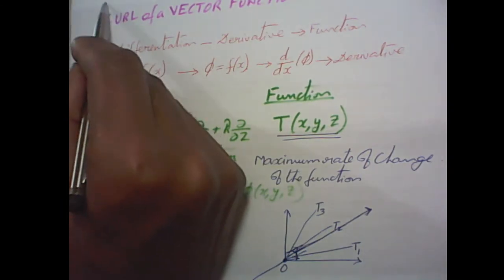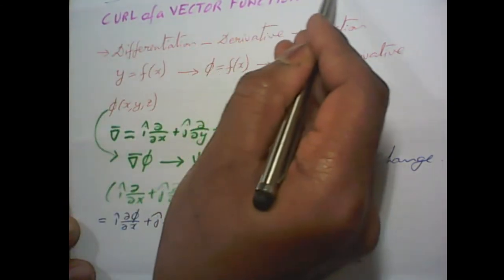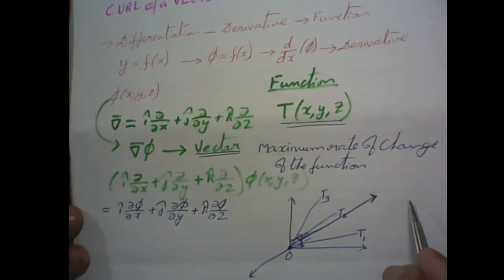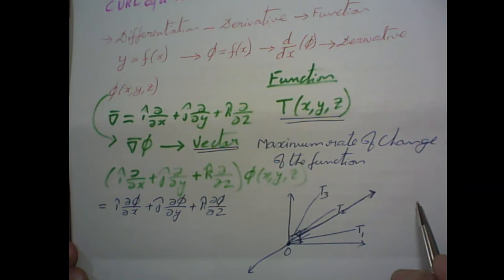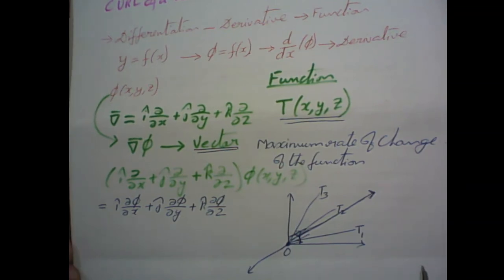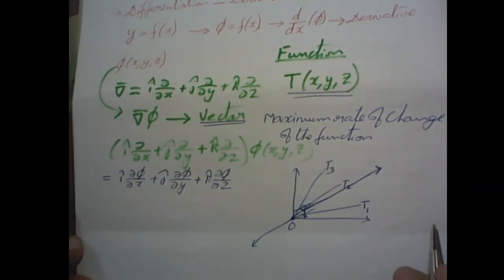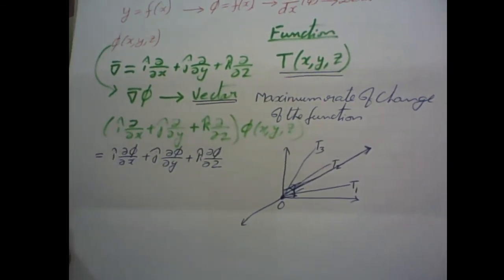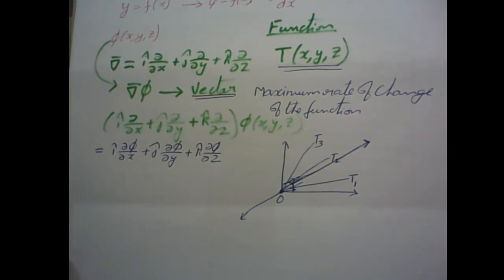What about the divergence of a vector function? What is a vector function? A vector function is again a quantity which is a vector, but it changes as we change the coordinates.